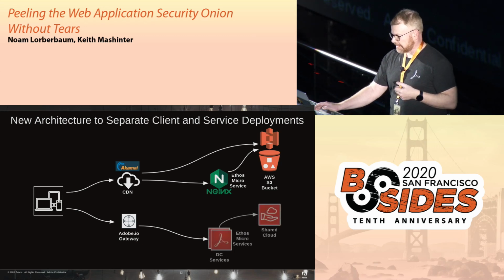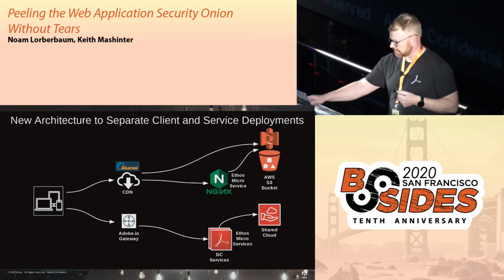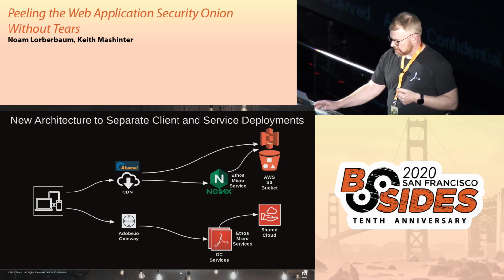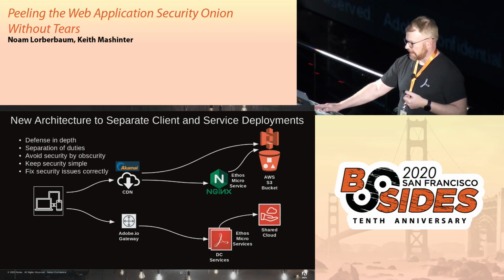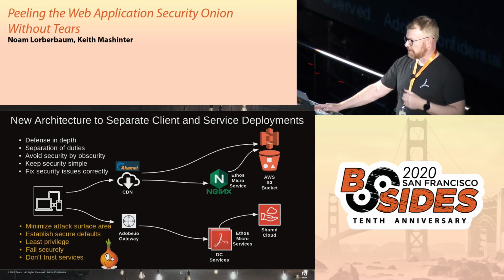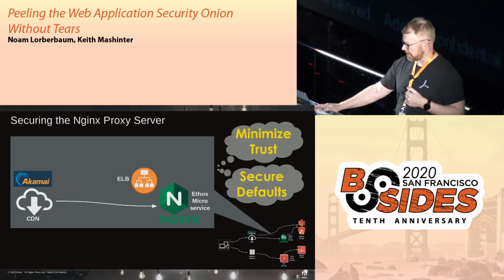That helps protect and auto-scale the underlying services we actually have, which in turn connect back to the shared cloud that Noam mentioned before. Again, this embodies various common security principles, and some of them, those in yellow at the bottom, we'll delve into a little more in these coming slides. Now we'll split the top and bottom halves of this to investigate.